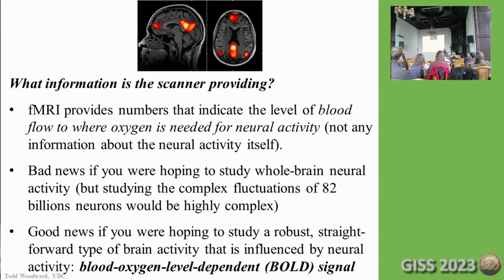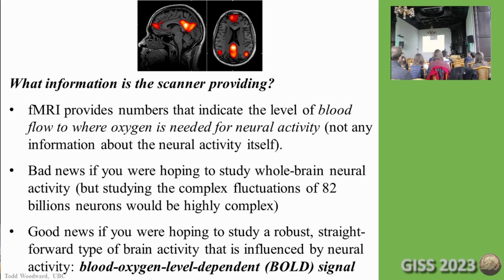I won't talk about the physics of it, but fMRI provides numbers that we all analyze that indicate the level of blood flow to where oxygen is needed for neural activity. So it's not measuring any actual information about the neural activity itself, which we just heard about. If you were hoping to study whole brain neural activity, that's bad news because you're not getting any measurement of neural activity with fMRI.